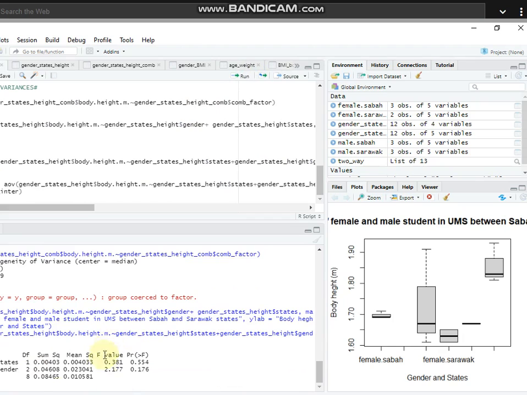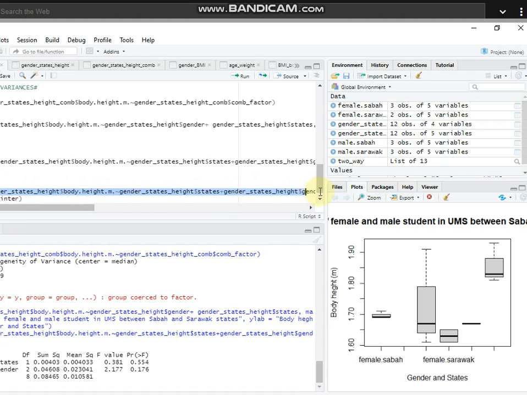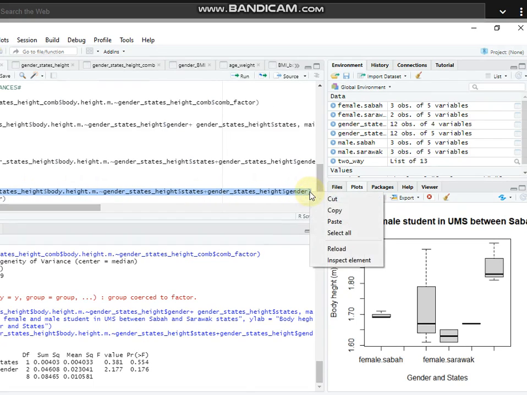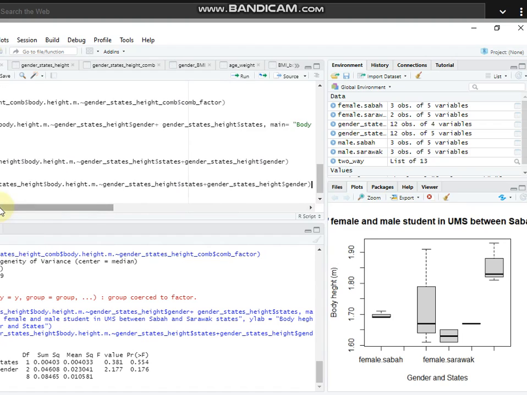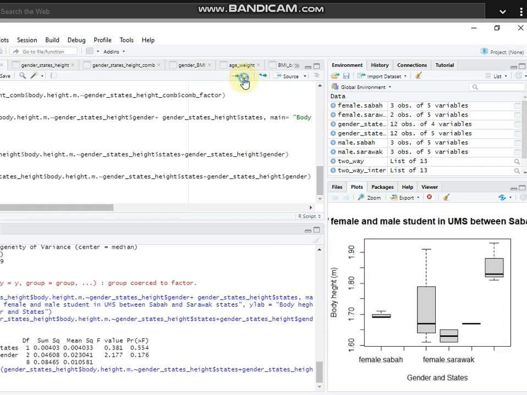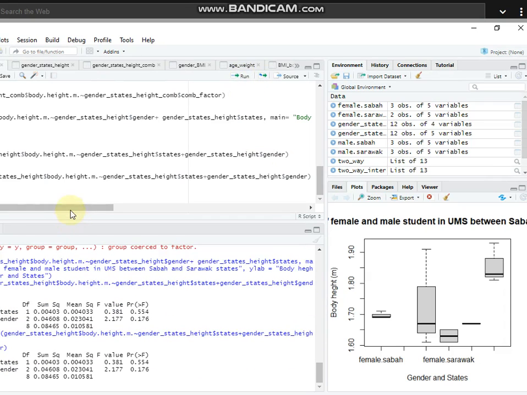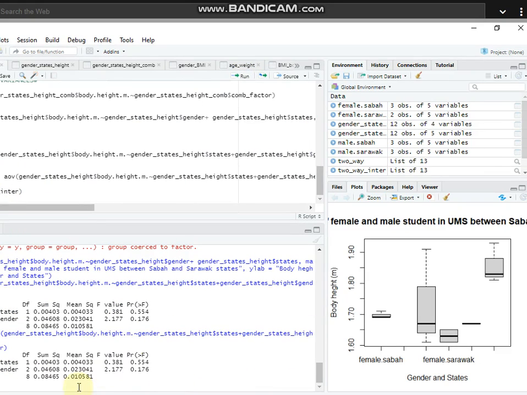This is the data. So we run. This is with interaction.